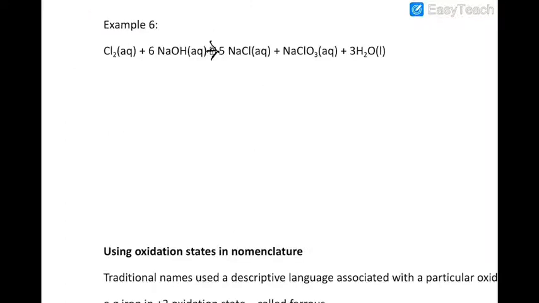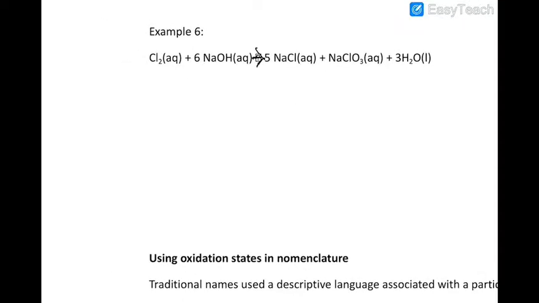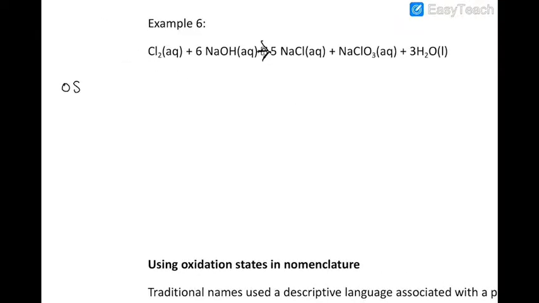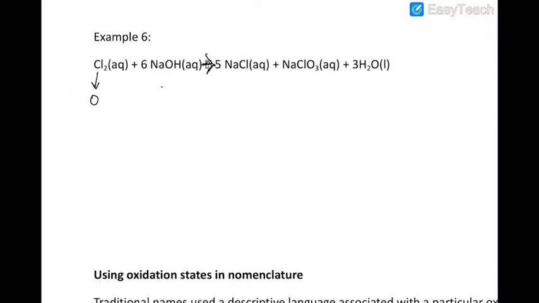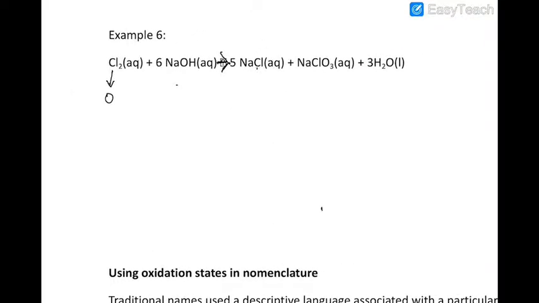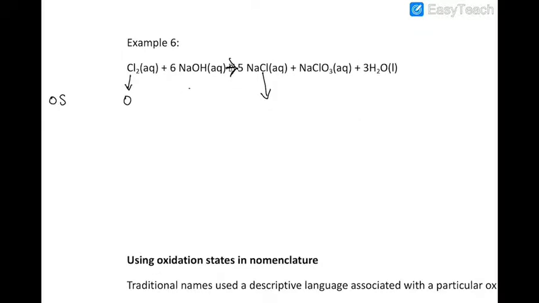Let's take this example now. Again, we're going to find the oxidation state of each one. Let's see chlorine here. Chlorine, an element, has oxidation state 0. And if we find the oxidation state of chlorine in NaCl, Na is Na+ and Cl is Cl-, so the oxidation state is -1.